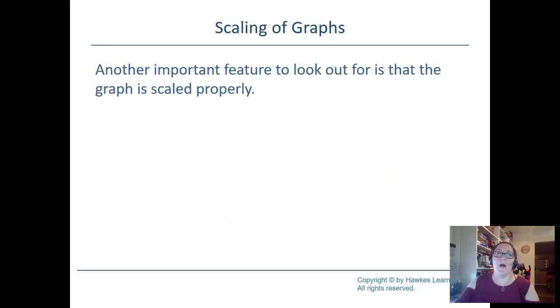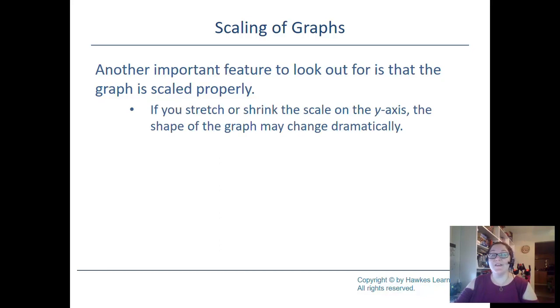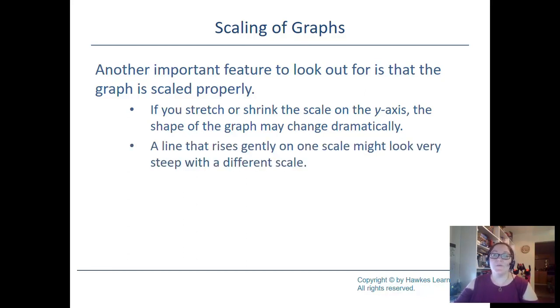Okay. Another important feature to look out for is that the scale on a graph is actually correct. If there's any stretching or shrinking on the y-axis, the shape of the graph may change dramatically. That's normally a good indicator that something's wrong. A line that rises gently on one scale might look a little steep on a different scale, and these things are kind of confusing.